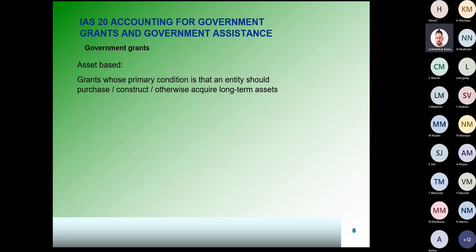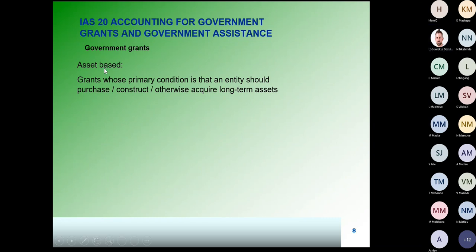If it is asset-based, then the grant's primary condition is that the entity should purchase, construct, or otherwise acquire a long-term asset. So when the question says we have received a grant from government to buy a new manufacturing plant or to build a new manufacturing plant, or we want to buy a machine, because that machine is a long-term asset, it's part of PPE, and then we will treat it as an asset-based grant.